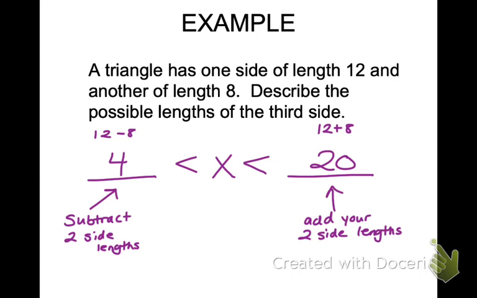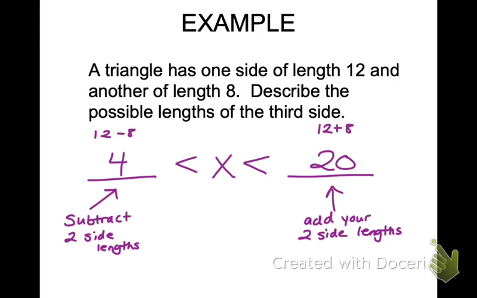So it could be 4.0001. It could be 4.111111. It cannot be 4, because there's not an equals to. It can be all the way up to 19.999999999, not 20, because there isn't an equals to. So any digit that I can possibly think of between 4.00001 up to 19.999999 would be a possible third side.